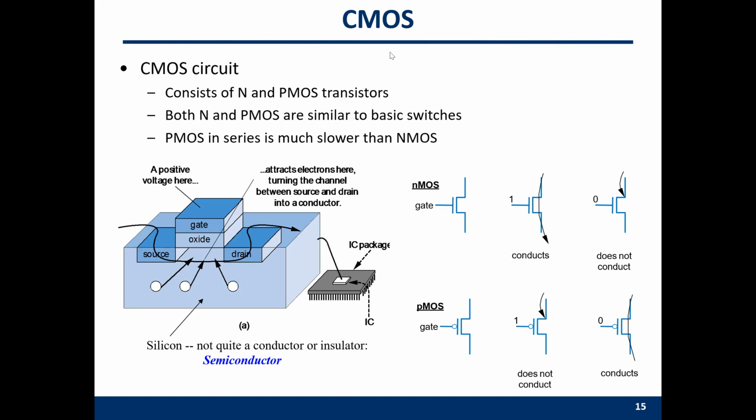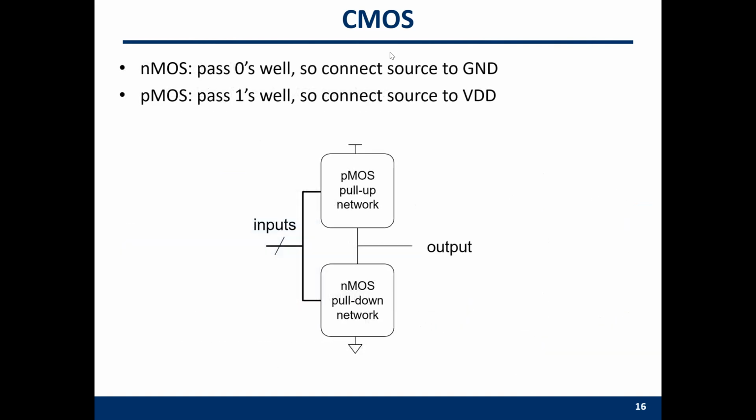But to build a gate, we need them both. Logic gates, we need them both. Logic gates, like a NOT gate, AND gate, or OR gate. So we use the NMOS.